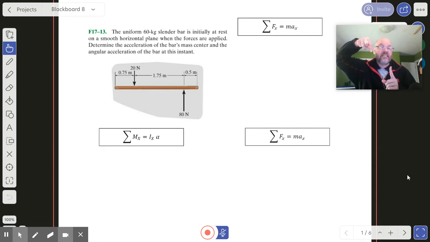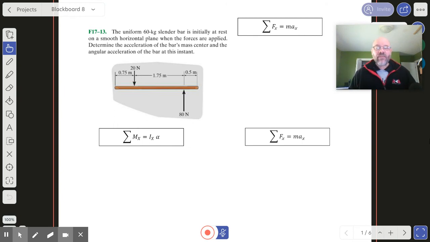So that's a difference of 60 net up, which means we have to have a net acceleration towards the top. Okay. But these guys also are generating a moment. And so we expect this thing is going to rotate as well. So we've got a net moment, we've got a net force, so we expect both angular and translational accelerations, okay?